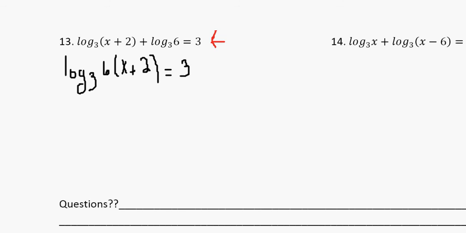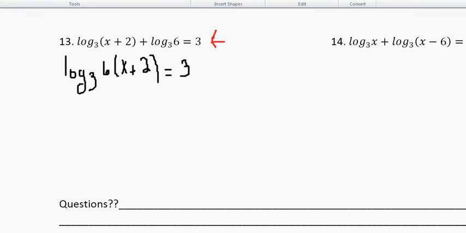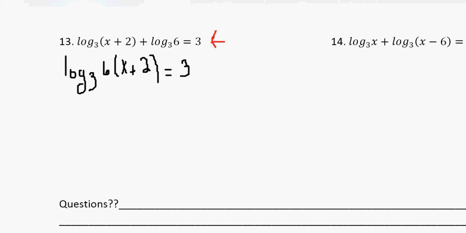Now, you cannot drop the logarithm here because there is not a log on both sides. But if you remember back to the beginning, how do we solve logarithmic equations? We turn them into exponential equations using our flip technique.